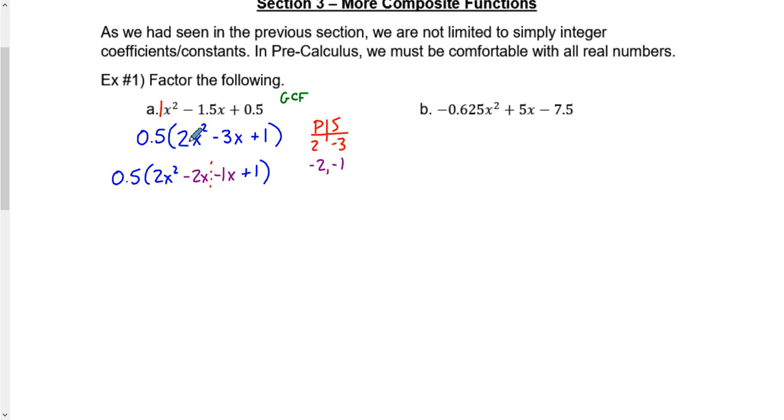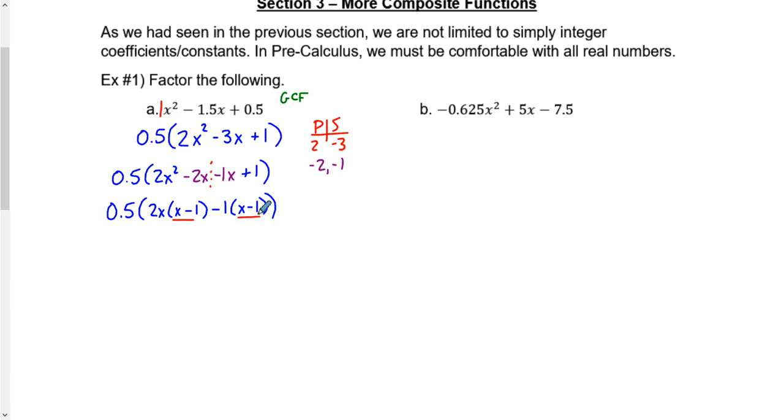Again, complex because of the number in front of the x squared. We just bring down our 0.5. We can factor a 2x out of both of these and be left with x subtract 1. And in this one, we factor out a -1, once again being left with an x subtract 1.